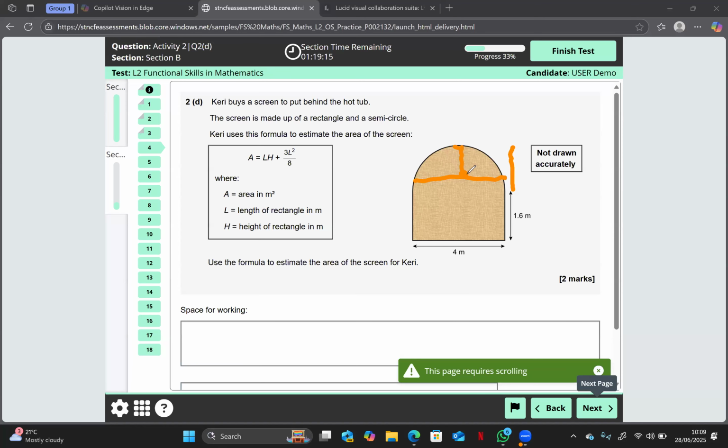So the formula for the radius of a circle... one second, I'm just trying to figure this out.